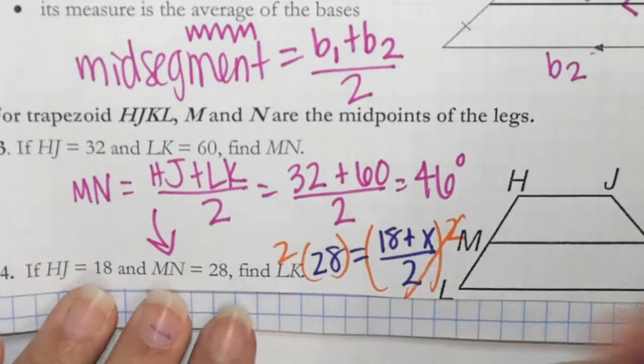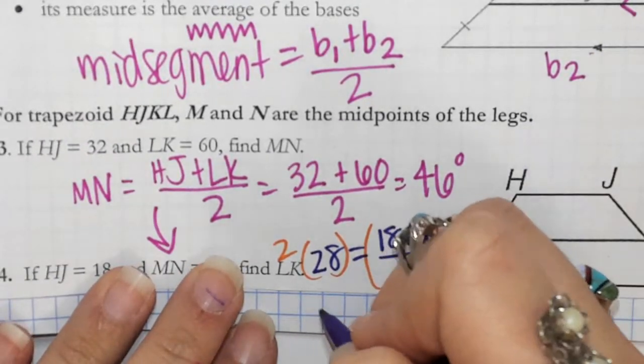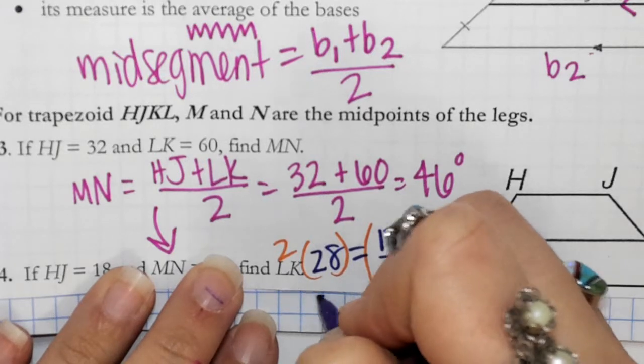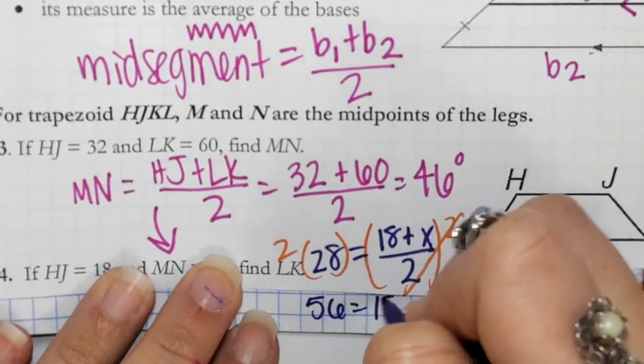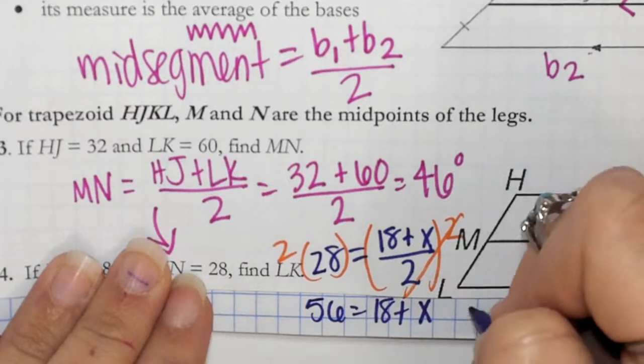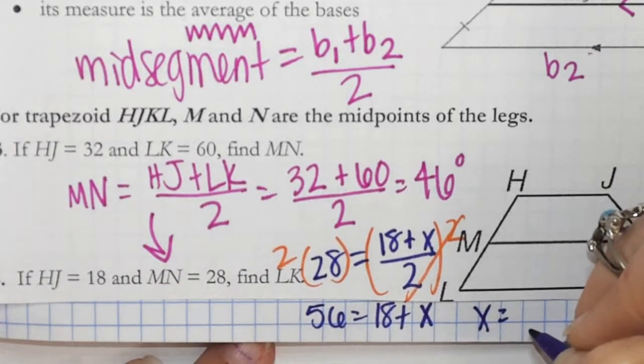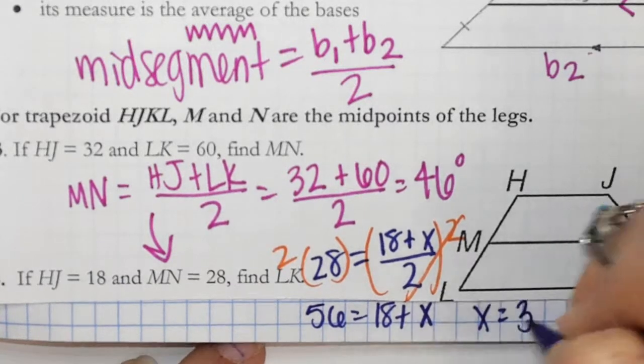All right, what's 2 times 28? 56. Minus 18. And how do we find X? You subtract 18, and what does X equal? 38.